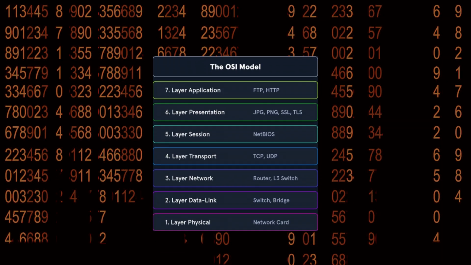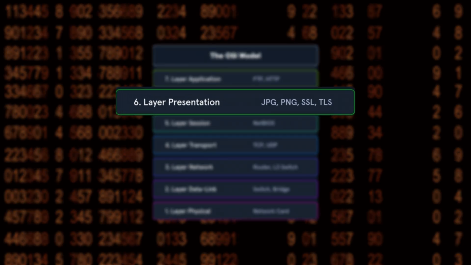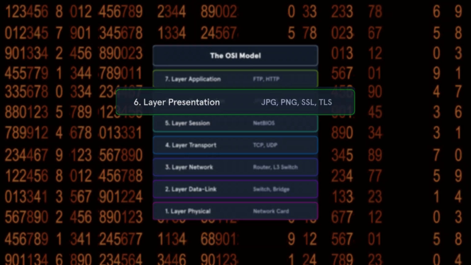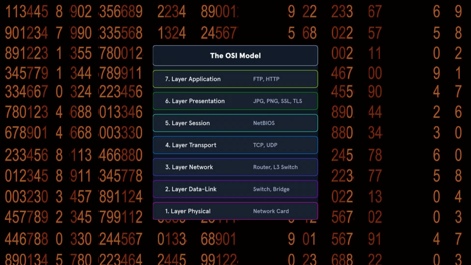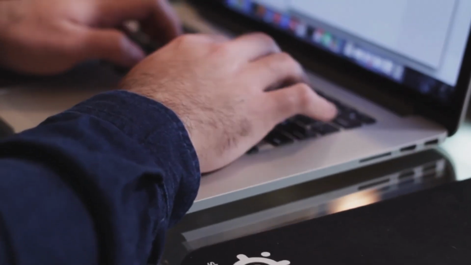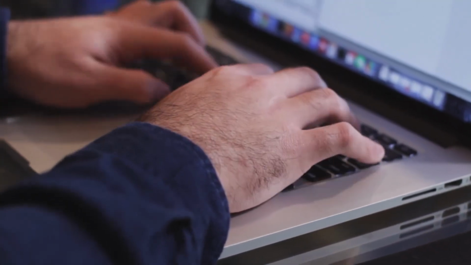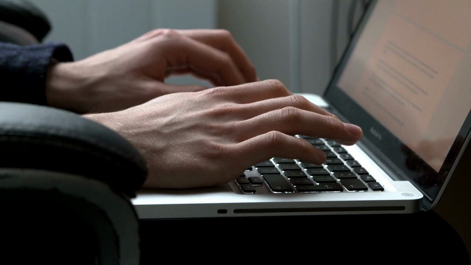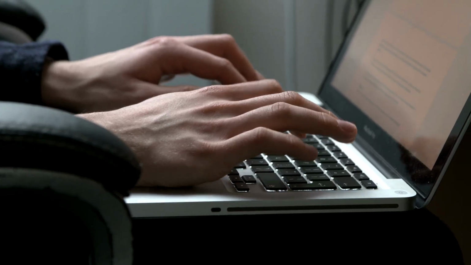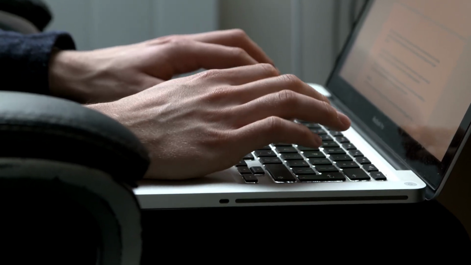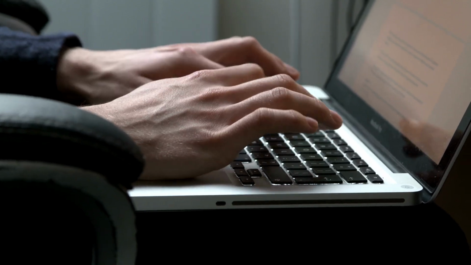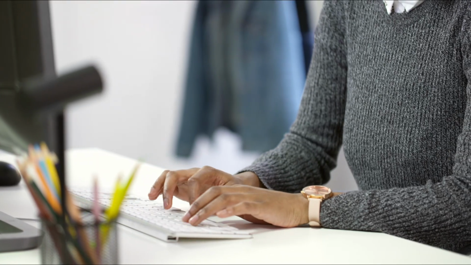So the next layer, which is layer 6, is the presentation layer. This is kind of like a translator. Let's say the same letter that you wrote, you want to send it to somebody in Spain, and you want the letter to be written in Spanish. So it translates those words, or it's kind of like putting your letter in an envelope.